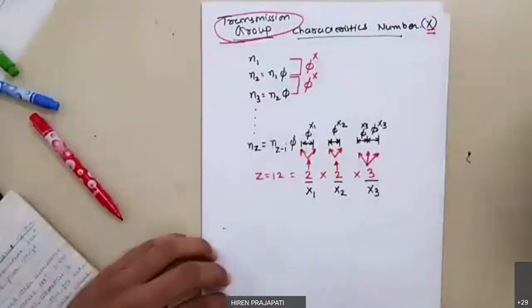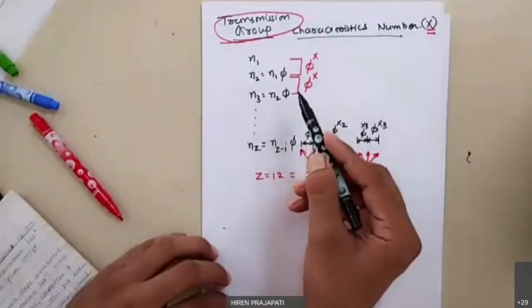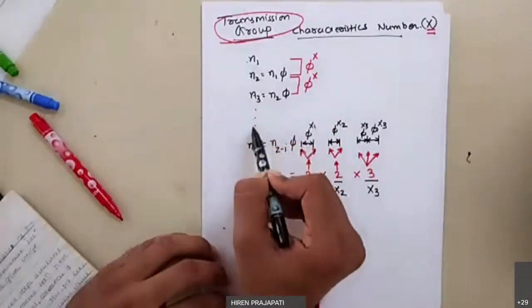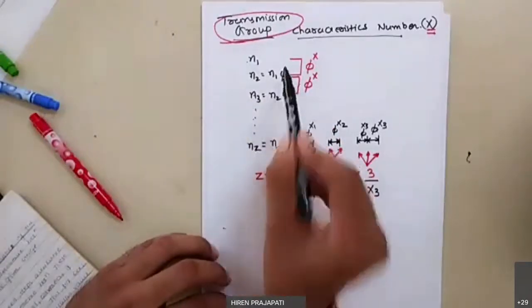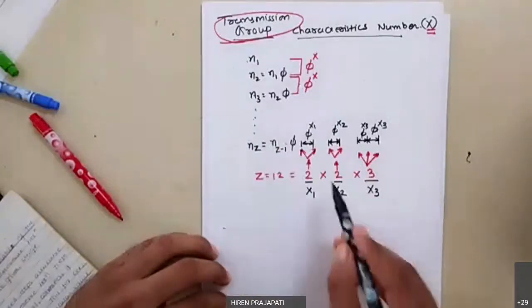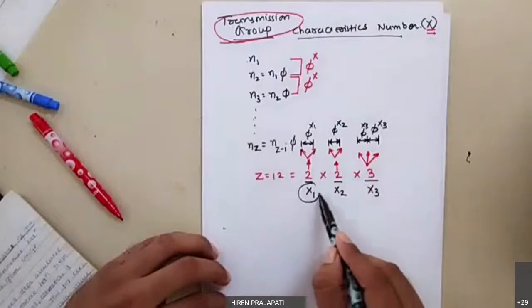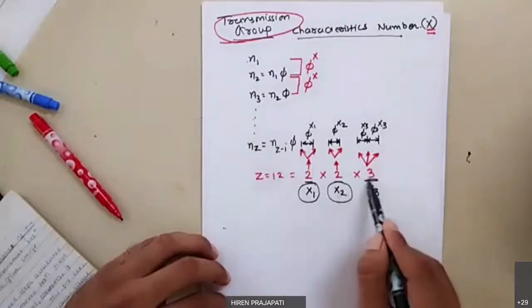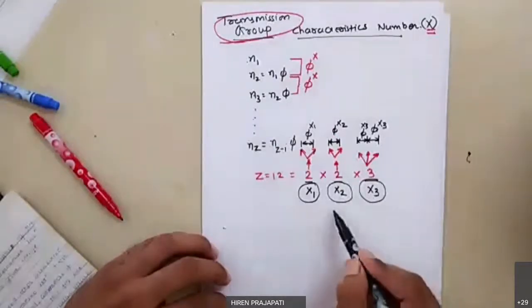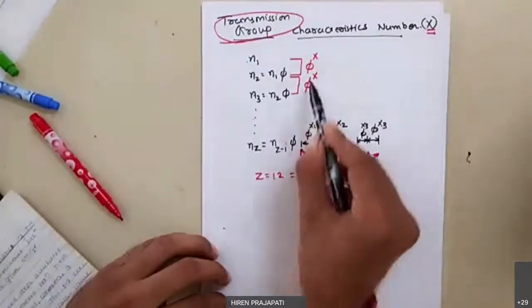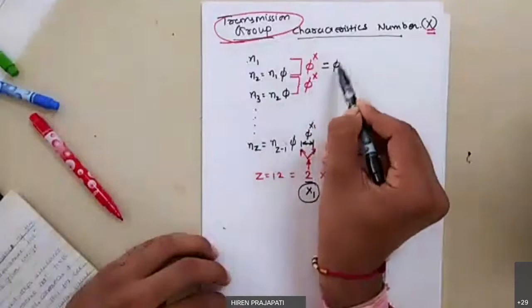Now, as from the gearbox we are getting the successive speeds by phi raised to 1, what does that mean? Out of these three, x1, x2 or x3, any one should have value 1, and so we get phi raised to 1.